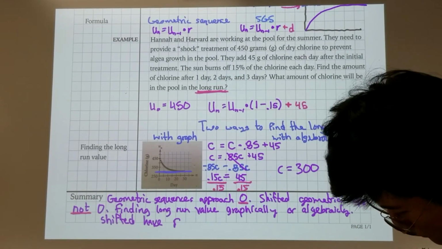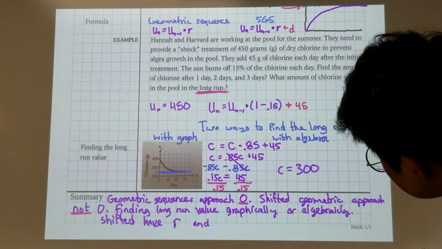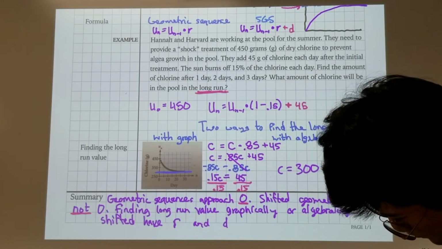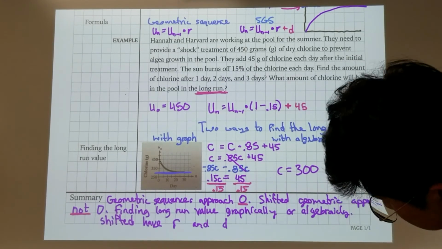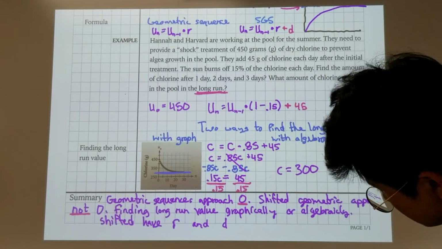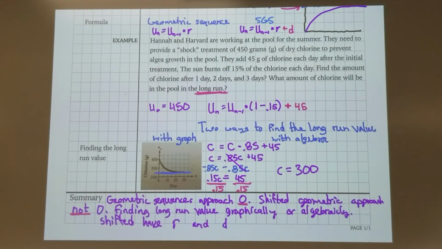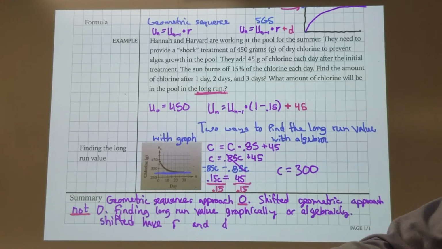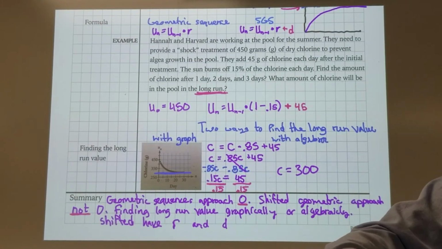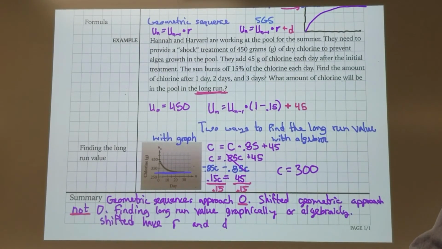They have an R and a D. There's something being multiplied, there's something being added. Graph 1, for which part? Long run value. It just says long run value, graphically or algebraically. You could find it graphically or algebraically.